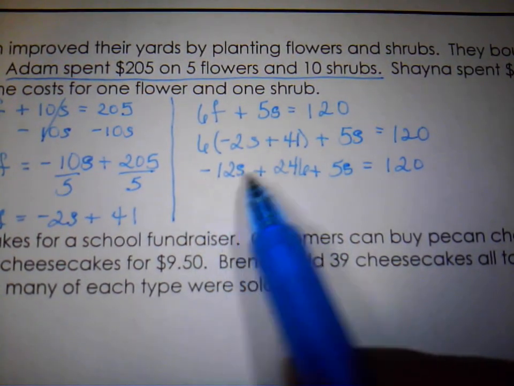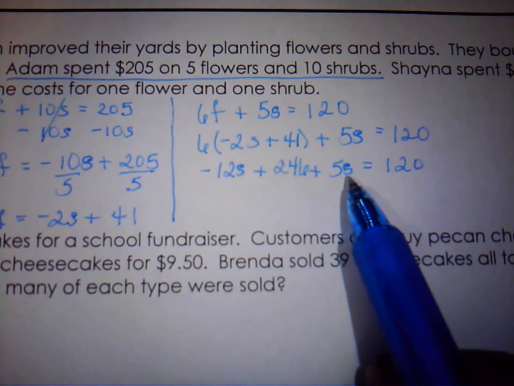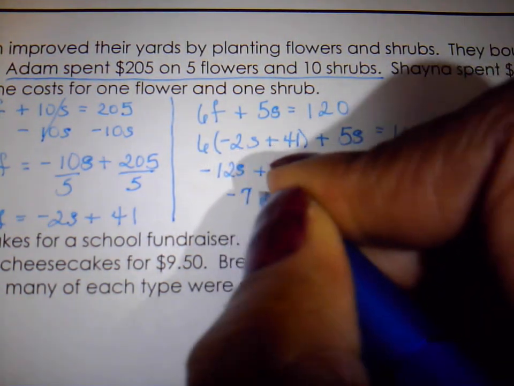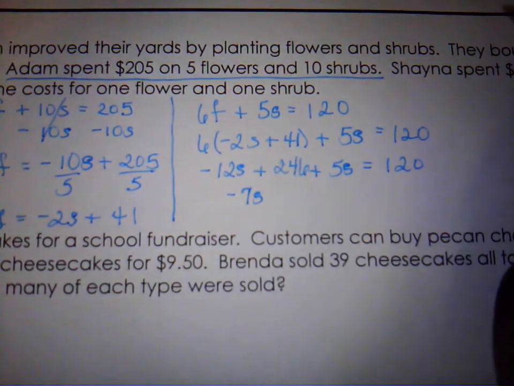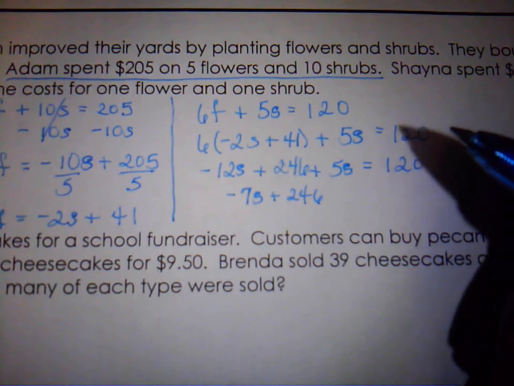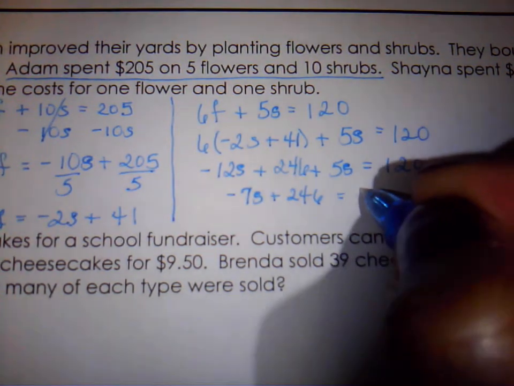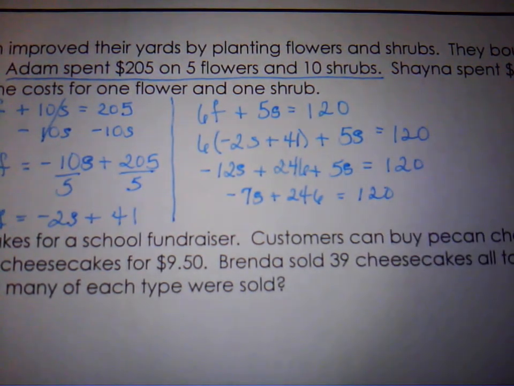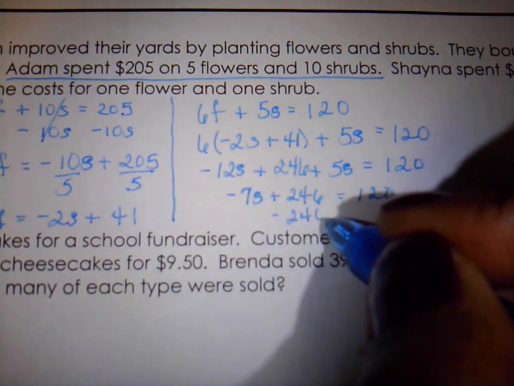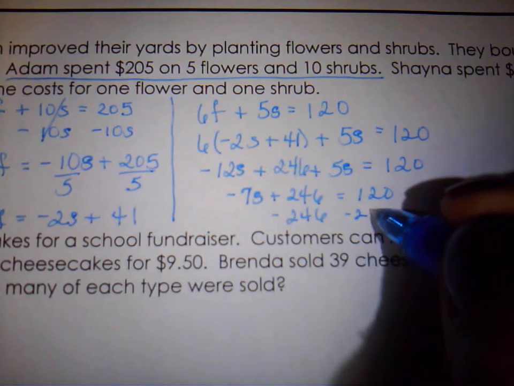Negative 12S plus 5S is going to be a negative 7S plus 246 equals 120. And then I'm going to subtract 246 from both sides. I'm running out of room.